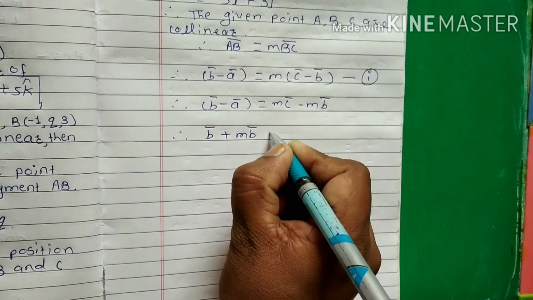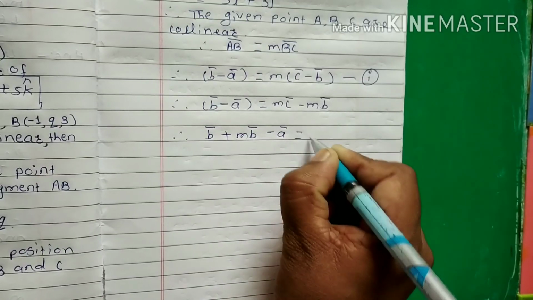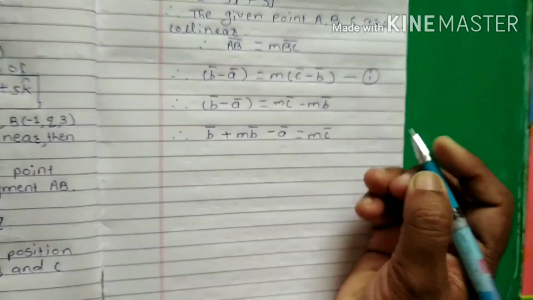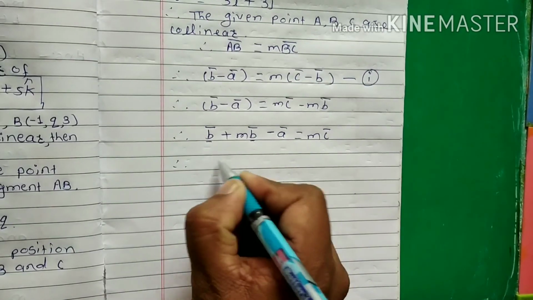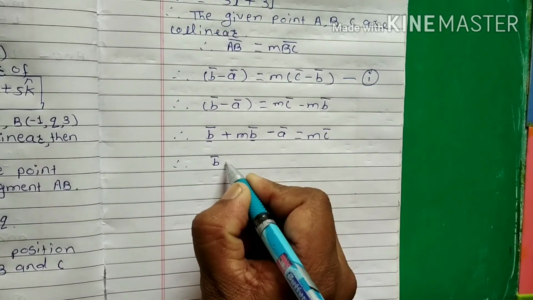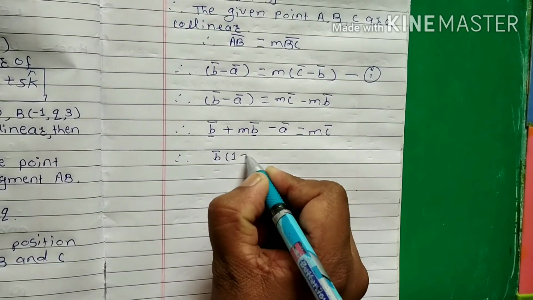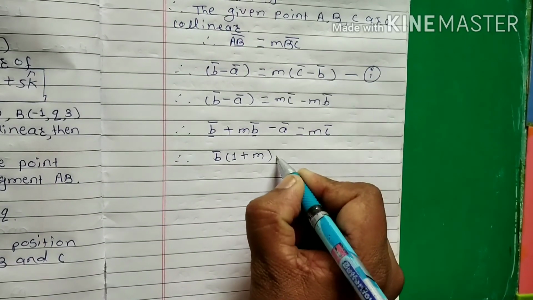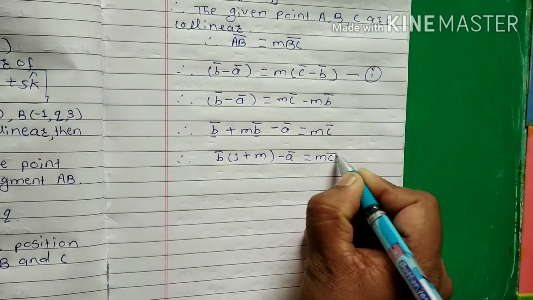Then B bar is a common term, so B bar in bracket (1 plus M), remaining term minus A bar is equal to MC bar.